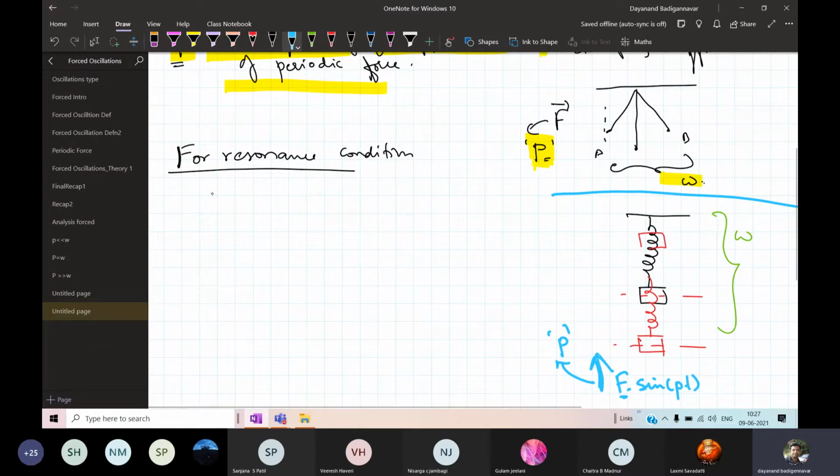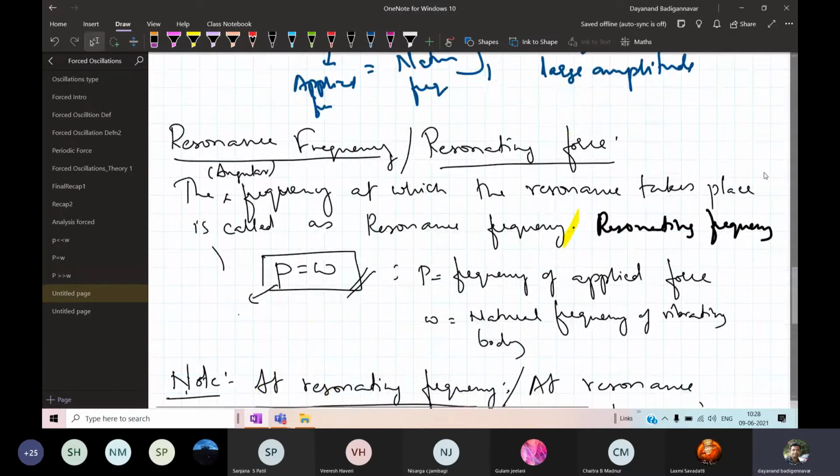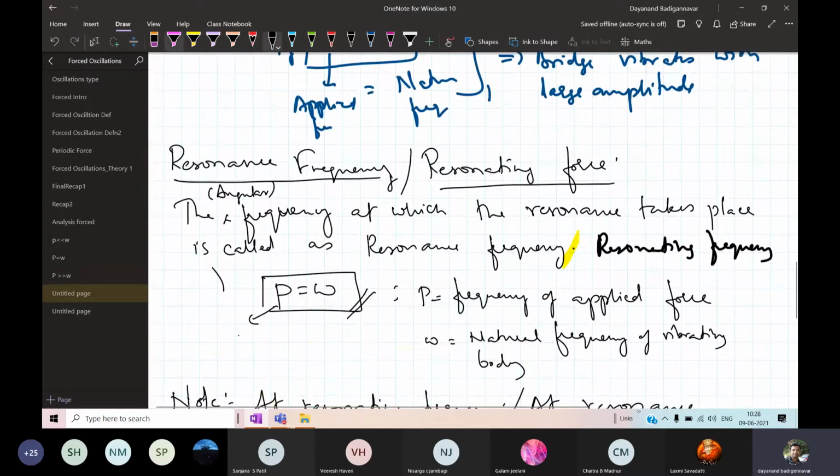For resonance, what is the condition? This is the condition at which the applied frequency matches with the natural frequency of the body. You go for the definition. What is the definition of resonance? Look here. The angular frequency, it is a phenomenon.